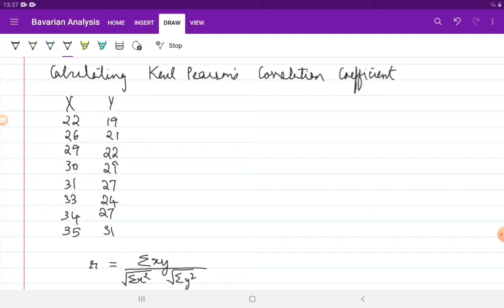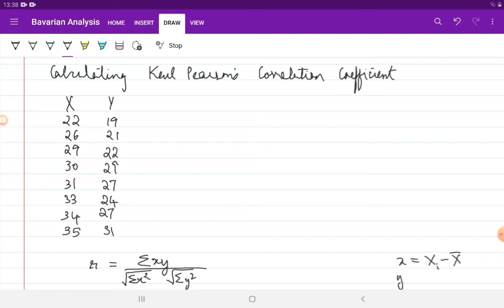So now we need to find all those columns that we need to calculate these values in the numerator and denominator. Small x is nothing but every observation xi minus x bar, where xi indicates the ith observation of x.